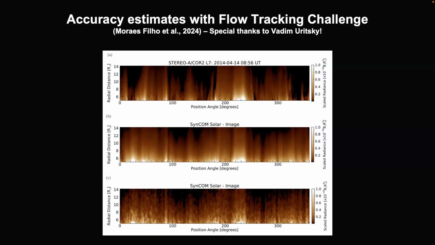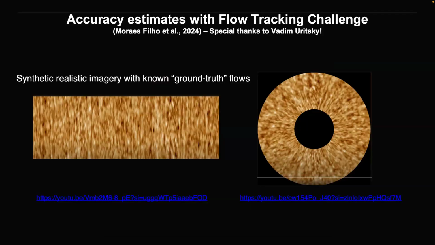On top of that, they impose a known velocity profile in the scalar field of brightness to make these structures, the mesoscale structures, propagate at a known velocity. And we can use that to determine how well we are able to retrieve the underlying flow field. And so that brings us more closely to an estimation of accuracy, not just precision.